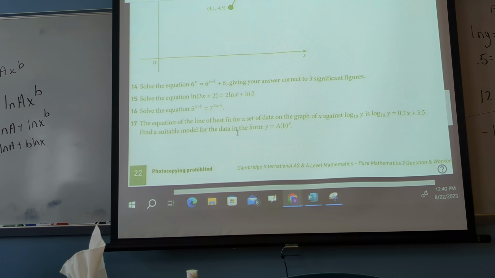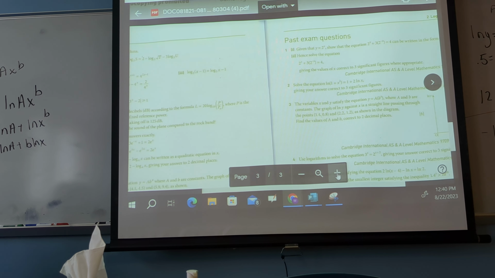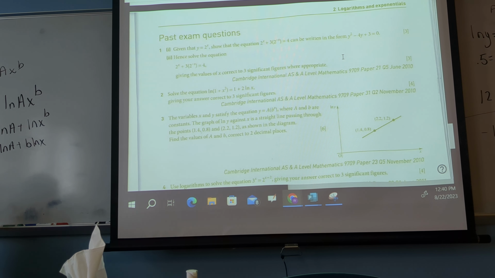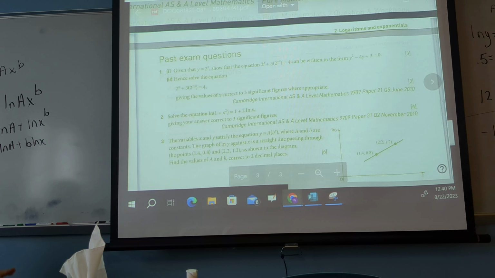And then there's also past exam questions, which literally are previous exam questions that were pulled. That's where I would start. I would focus on those and then go back to the further practice if you need more questions to go over. There's a total of 8 there.